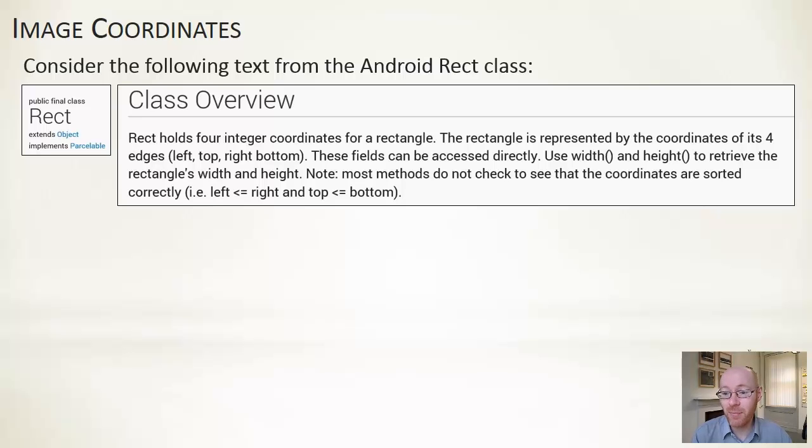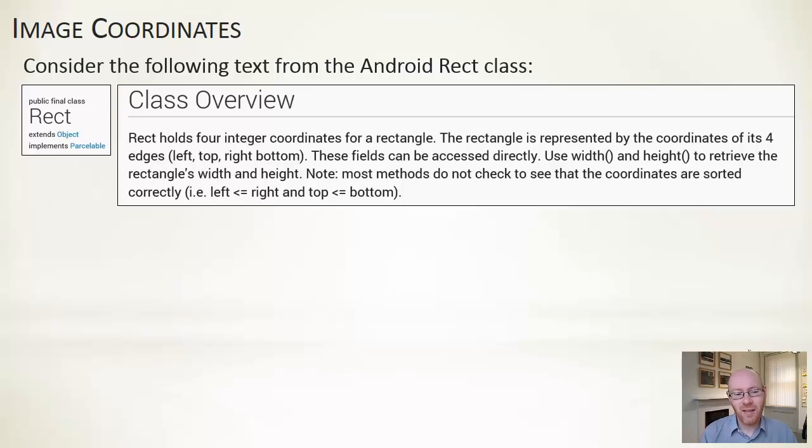The rectangle is represented by the coordinates of its 4 edges: left, top, right, and bottom. Reading this out, I want you to think: does it contain anything that is rather curious? These fields can be accessed directly. Use width and height to retrieve the rectangle's width and height. Note, most methods do not check to see that the coordinates are stored correctly, i.e. left is less than or equal to right, and top is less than or equal to bottom.